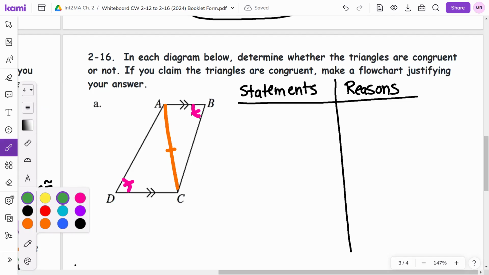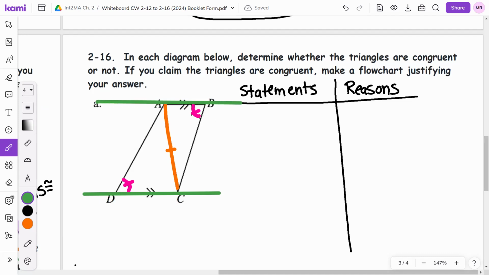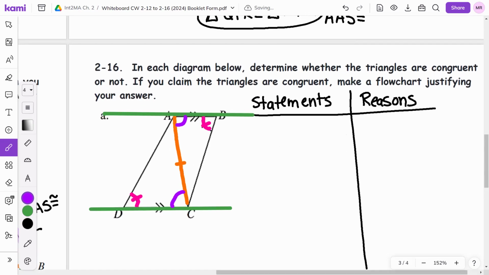I also notice that we have parallel lines cut by that orange transversal. Since I have that orange transversal there, between the transversal and the green parallel line, we have alternate interior angles that are congruent.